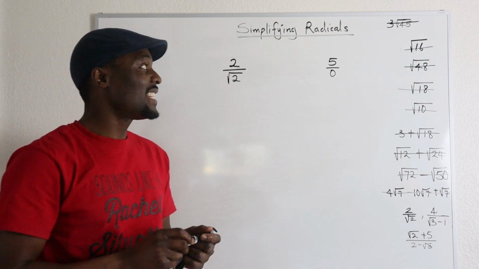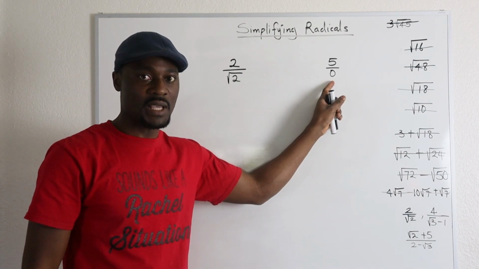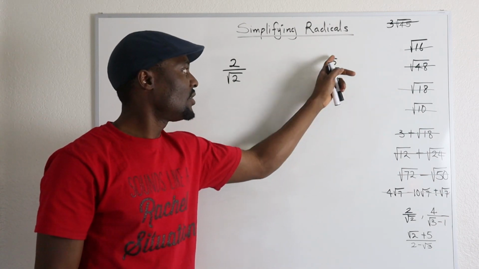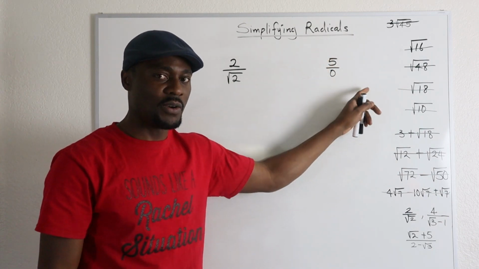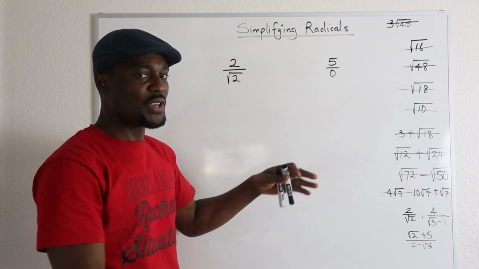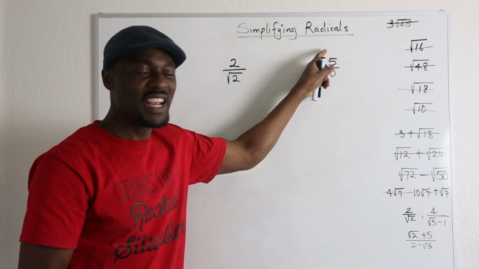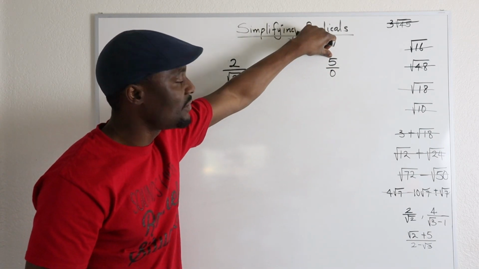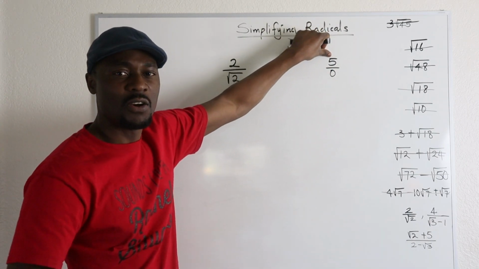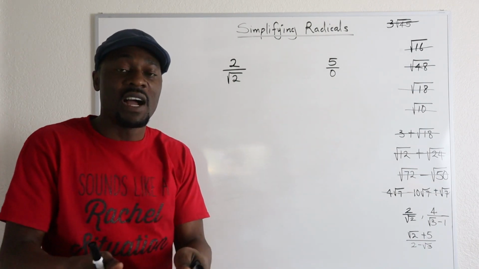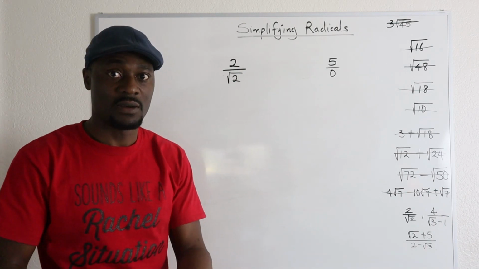You can't get an exact answer to this because let's say you assume the answer is 0. What if I change this to 4? 4 over 0 is 0. But you can't go back to what's on top. If you can change 5 to whatever number and you always get 0, it doesn't make any sense. So dividing by 0 is not defined because there is no definite answer.